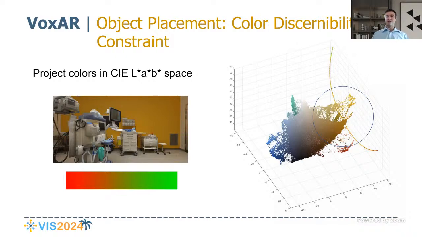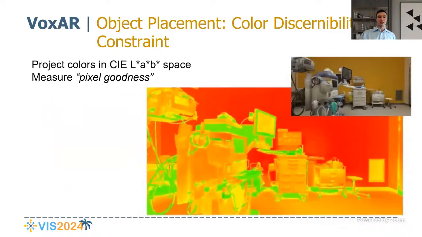While this wall is a great empty area for placing an AR object by other metrics, this intersection of colors says otherwise. Here, this image shows that pixels with colors near the transfer function are closer to red, which means bad, while those farther away are closer to green, which means good. We use this metric to evaluate the image according to our color discernibility constraint.